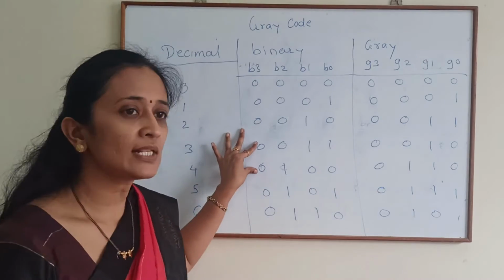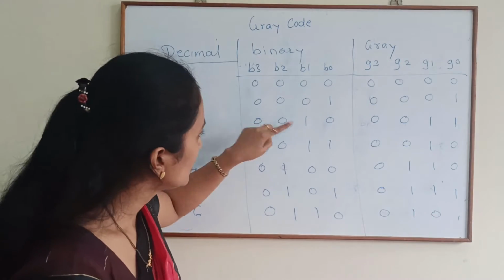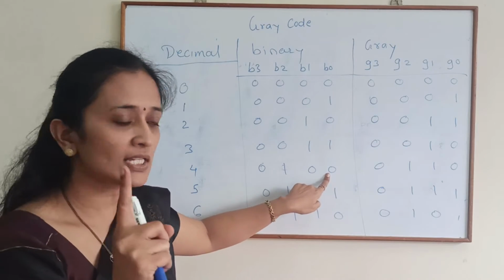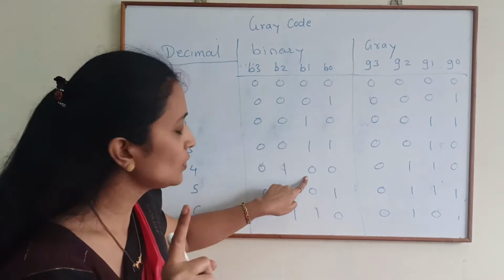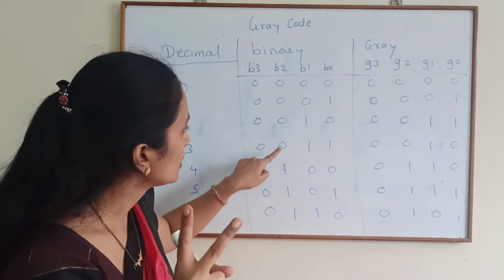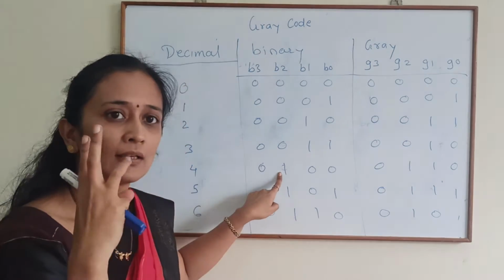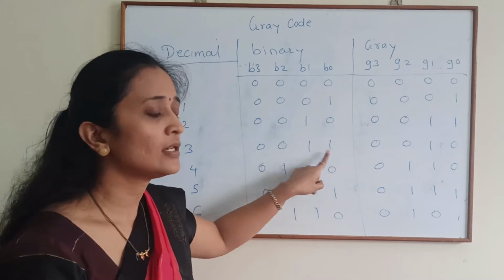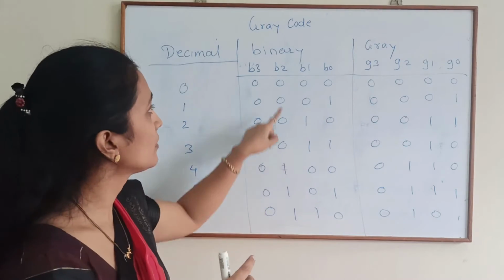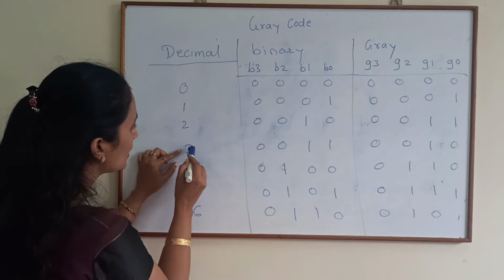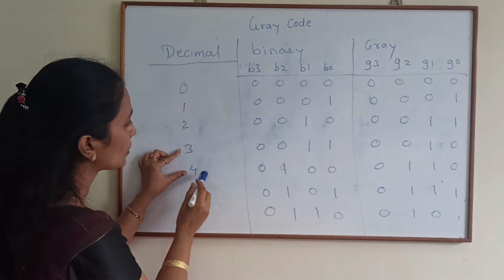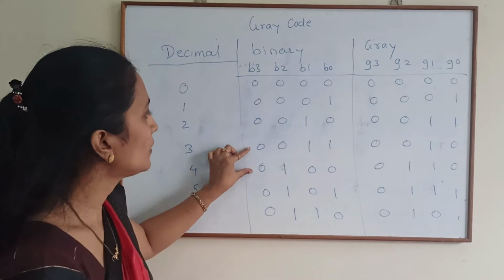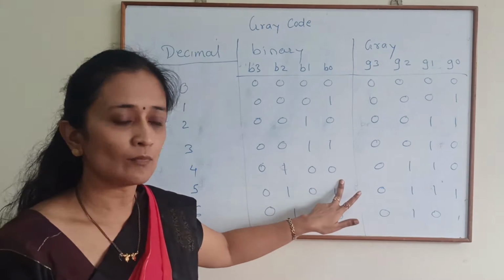How many switchings are there? 1 switches to 0, first switching. 1 switches to 0, second switching. 0 switches to 1, third switching. And 0 stays as it is. So 3 bits switch in binary; to convert 3 to 4, two successive numbers differ in 3 switchings.